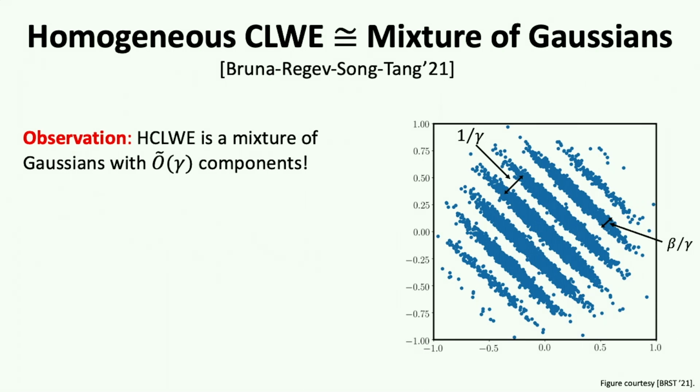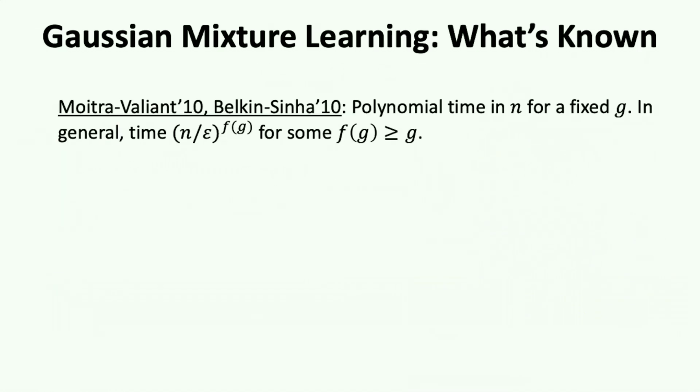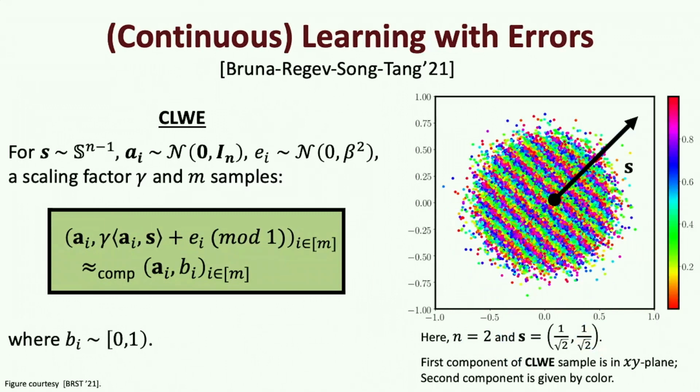What is the homogeneous part? You pick a Gaussian, but condition it on gamma times the inner product of a_i and s, plus the error, being 0. Think about the continuous LWE distribution here. Pick out only the green band. That's right.